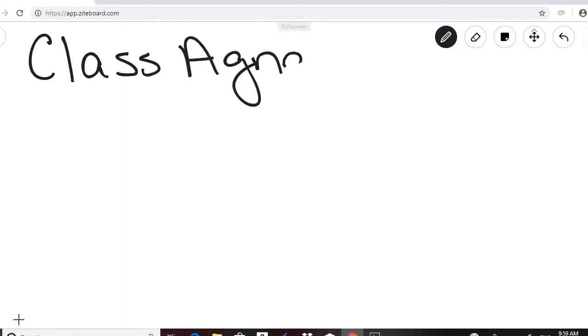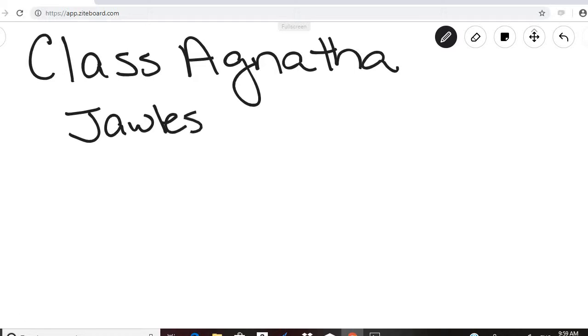What we're going to do now is go through some different classes and hit the high points of information and talk about a few organisms that are members of each class. The first one we want to do is called class Agnatha. Class Agnatha are what are commonly referred to as jawless fish.